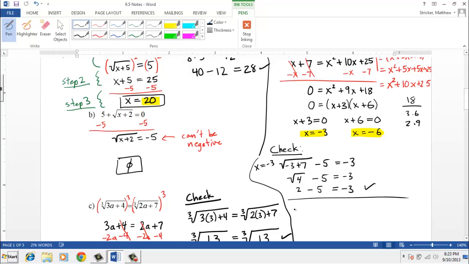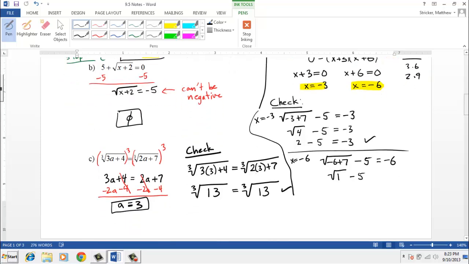We do the second one here. We could check x equals negative 6, and we plug that one in. We have the square root of negative 6 plus 7, minus 5, equals negative 6. Negative 6 plus 7 is 1, so we have the square root of 1 minus 5, which is 1 minus 5, which of course is negative 4, and negative 4 is not equal to negative 6.